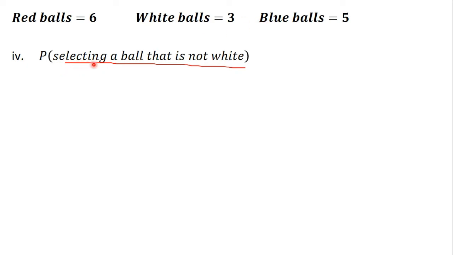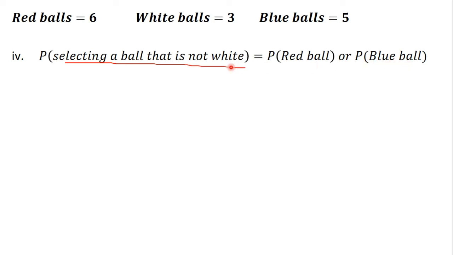That means that probability of selecting a ball that is not white is equal to probability of selecting a red ball or a blue ball, which can also be written as probability of selecting a red ball or probability of selecting a blue ball.